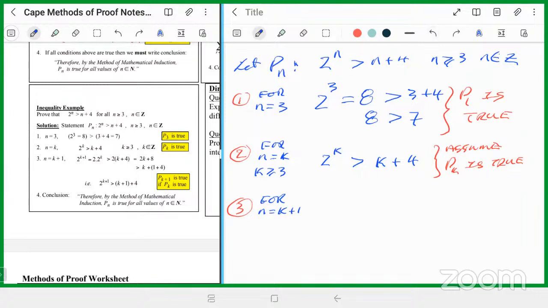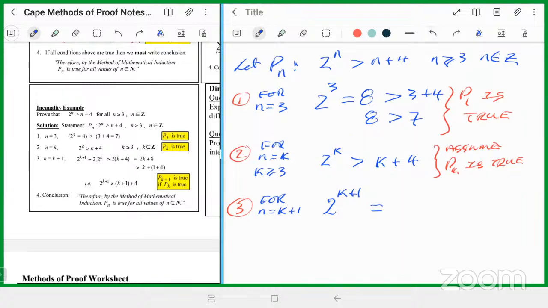The 2 to the k plus 1 is equal to something first, and you're looking to see how you can incorporate that. So I'm going to write 2 to the k plus 1, put that equal to first. Don't put a greater than sign. Put what this is equal to first, and you're trying to see if we can use this in it.